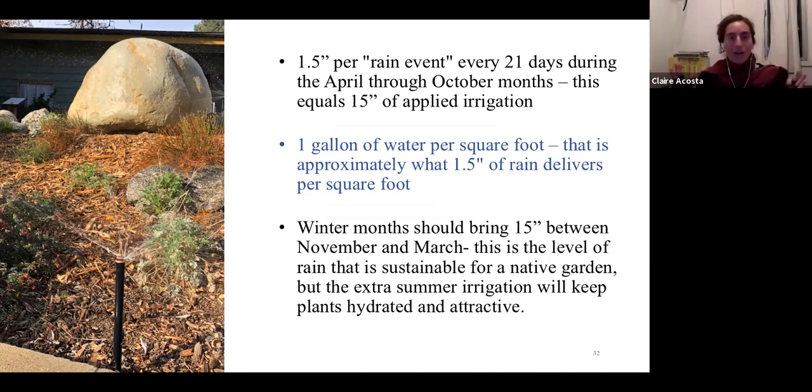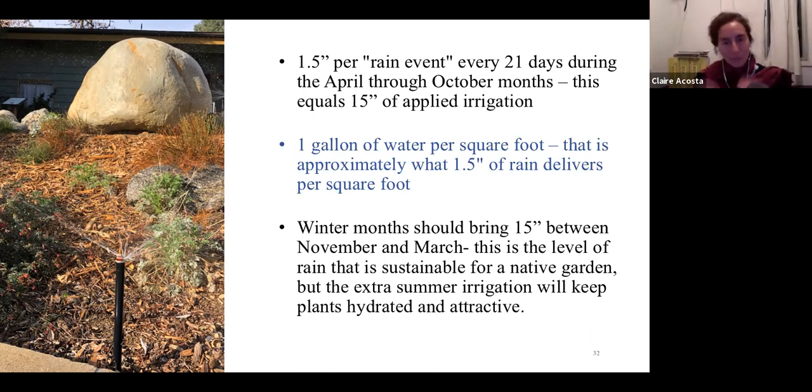So that's a way to think of it: you're putting down 15 inches of irrigation in that summer period. And then the winter months, hopefully, if it's a good average rain year, would be bringing their own 15 inches between November and March. That's the level of water we want, and that's pretty sustainable for a native garden.